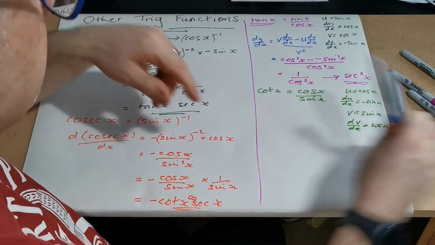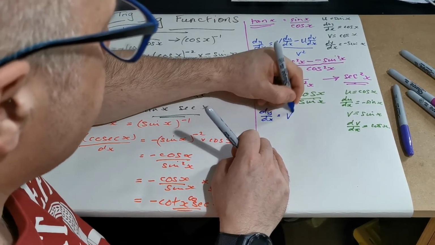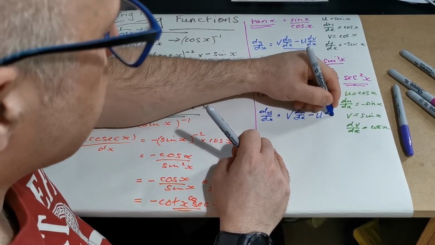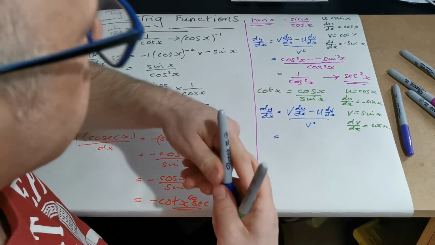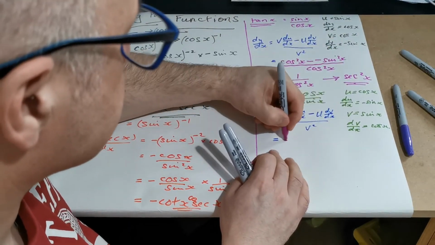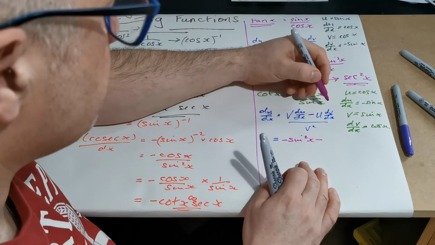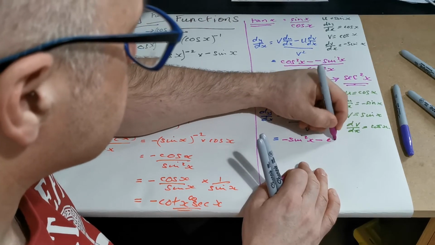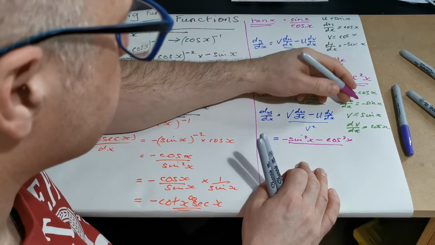So writing out my formula, dy by dx is equal to v du by dx minus u dv by dx over v squared. v times du by dx is minus sine squared x, and take away u times dv by dx, that's cos squared x, over v squared, which is sine squared x.